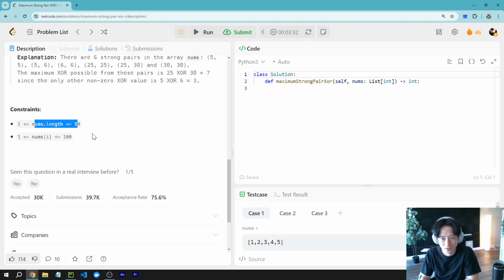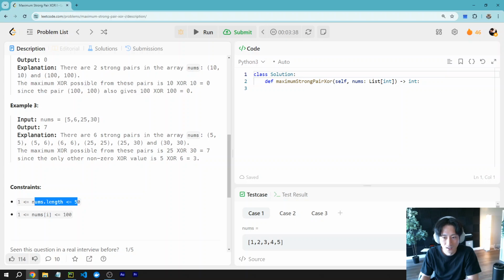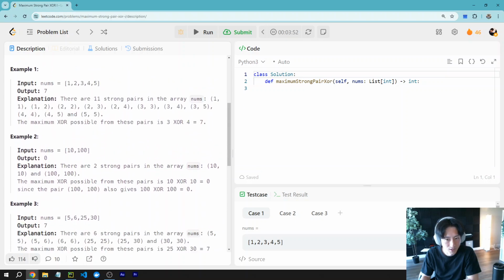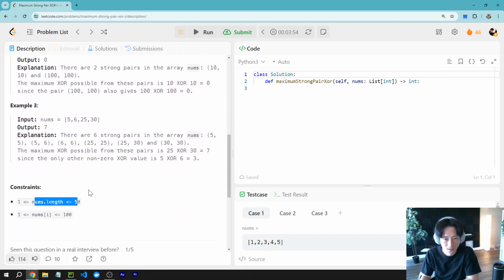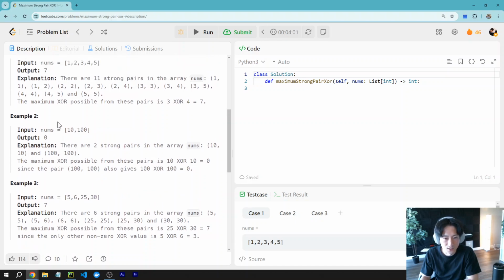The time would be okay even if I do the brute force, and I'm not using any extra data structures, so space is going to be O(1), and the numbers are positive. Because brute force can solve this question, I'm going to start writing the brute force code. But before writing that, maybe just in case, I can look at the other examples.